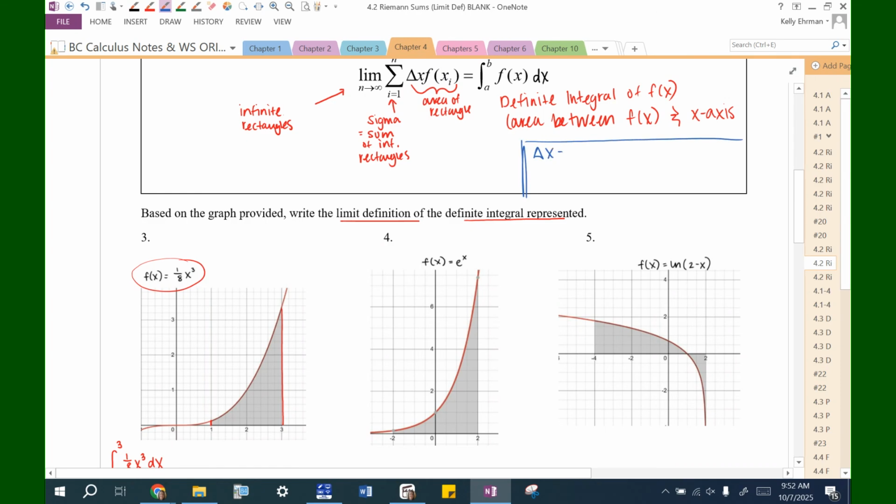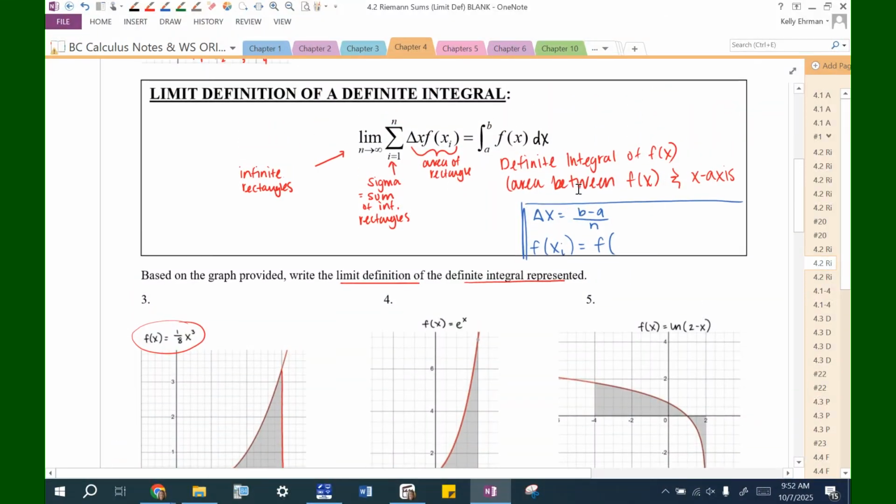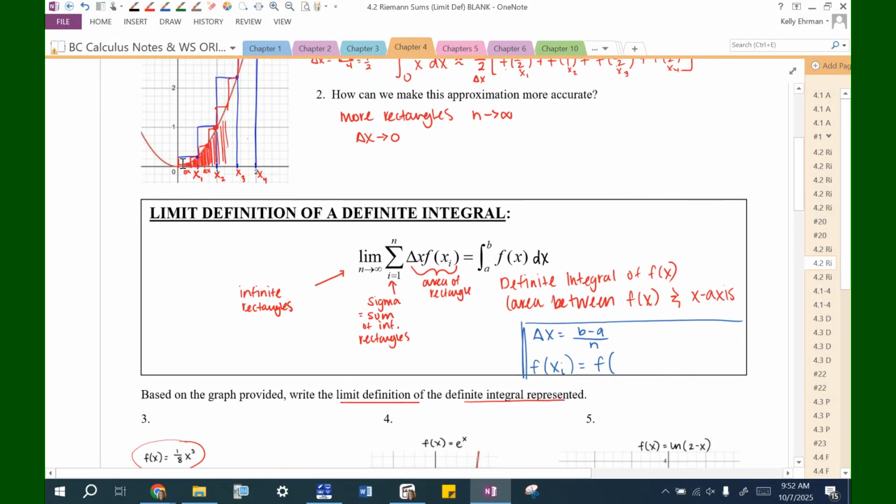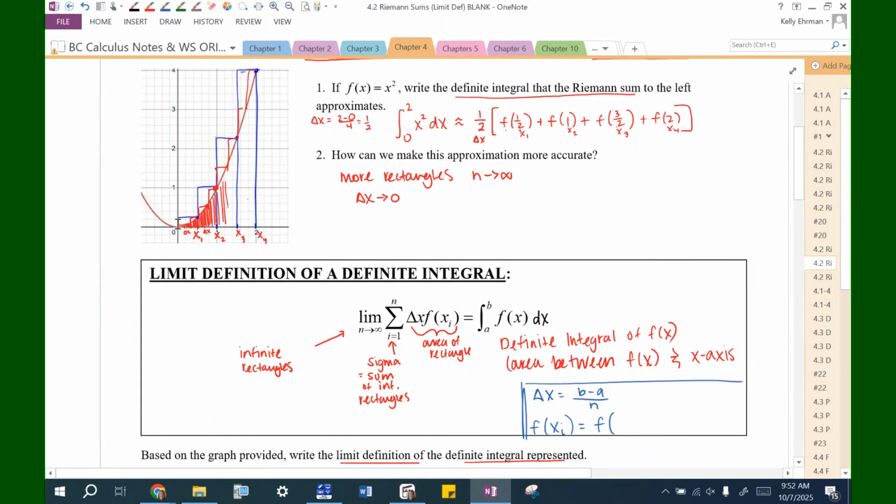Delta x is always subtracting your boundaries for integration, so b minus a, the distance between those two things, divided by n. And f of x sub i: one of these rectangles would start at the value for a, and it would have a width of delta x. And then the next rectangle would go from that spot and have another width of delta x.